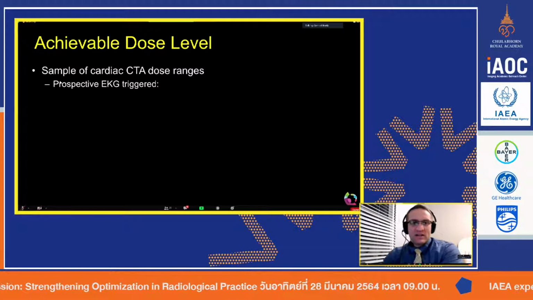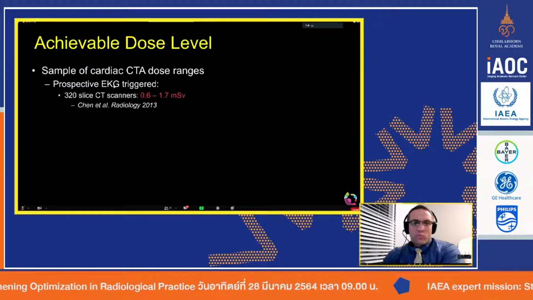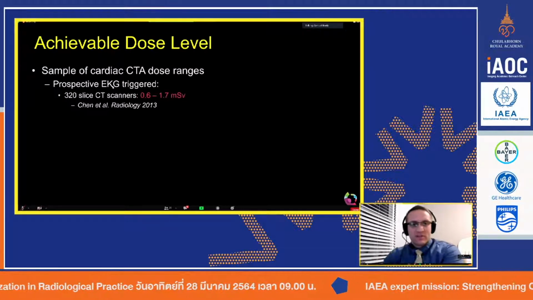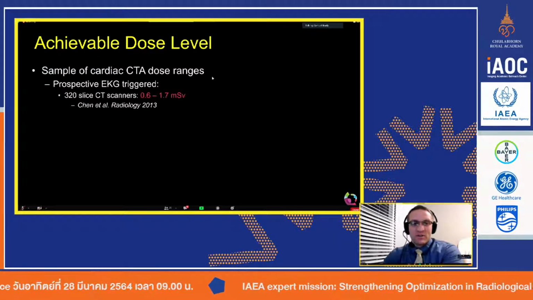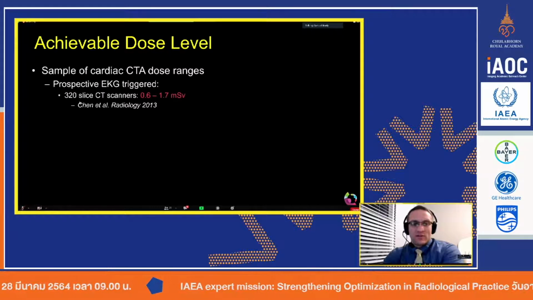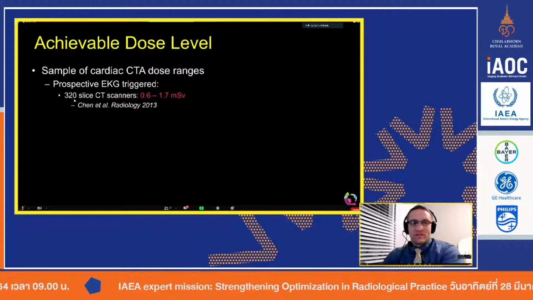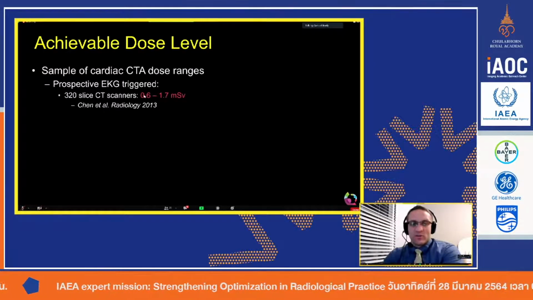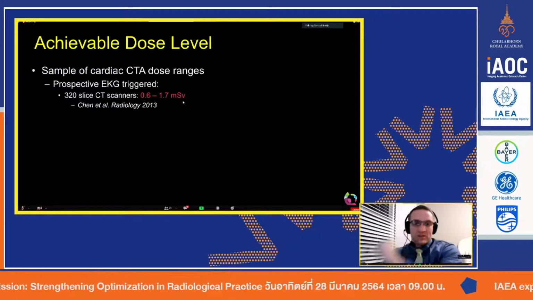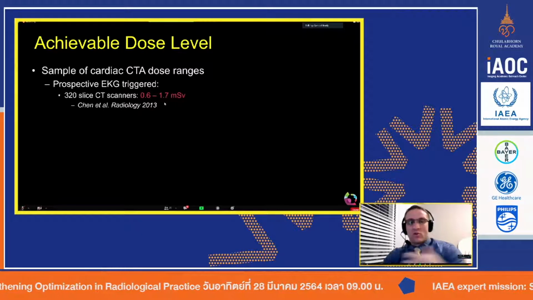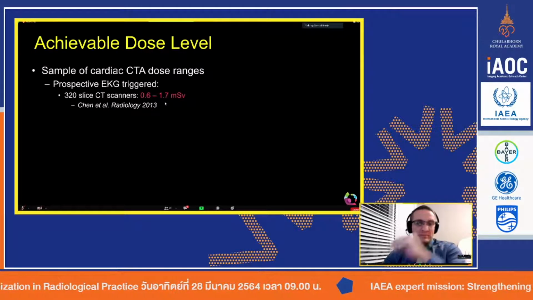Now let's look at what are the doses that we're typically dealing with, comparing prospective EKG, which tends to be the lower dose approach. So if you're doing a single spin, 320 slice scanners, you're somewhere in the 0.6 to 1.7 millisievert range. So that's pretty respectable. It's not that much more than a normal body acquisition.